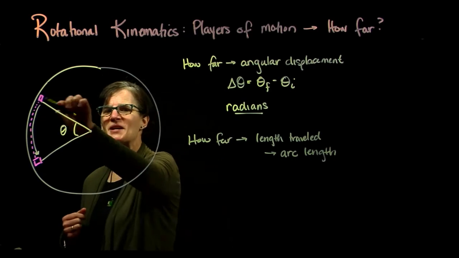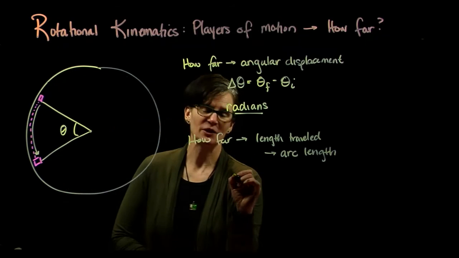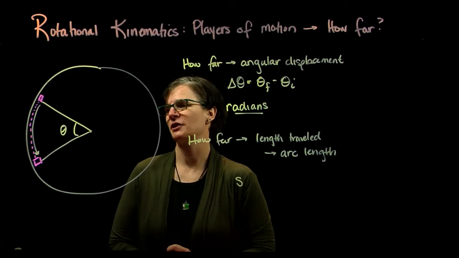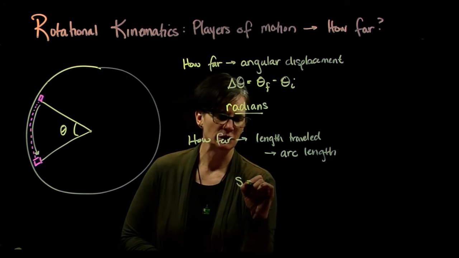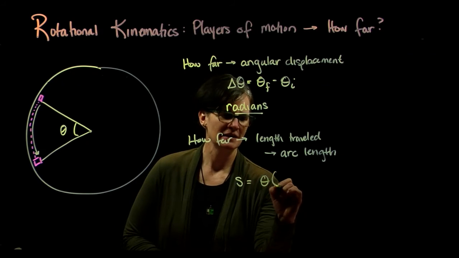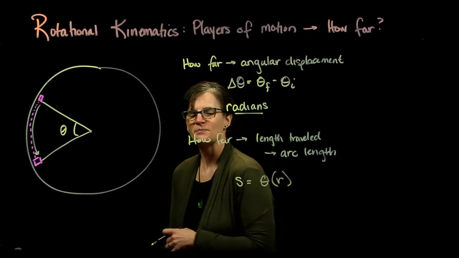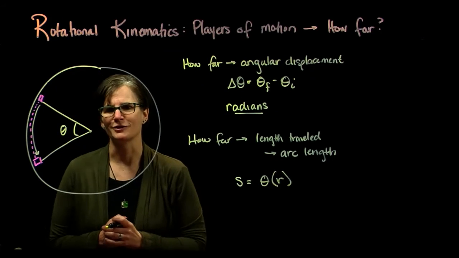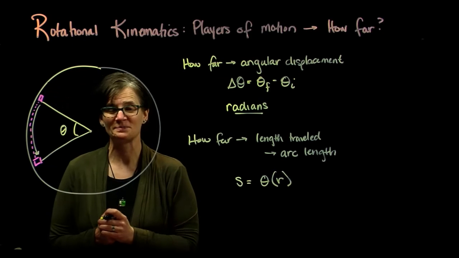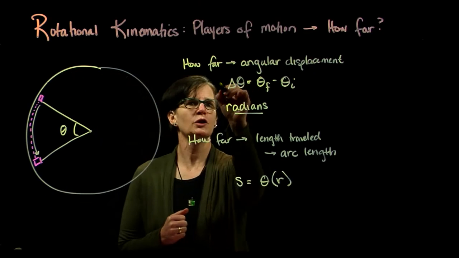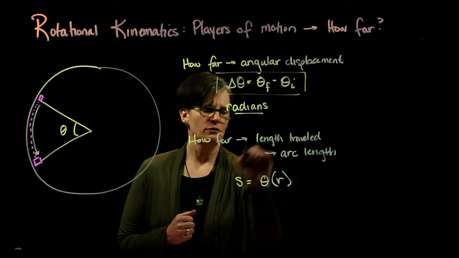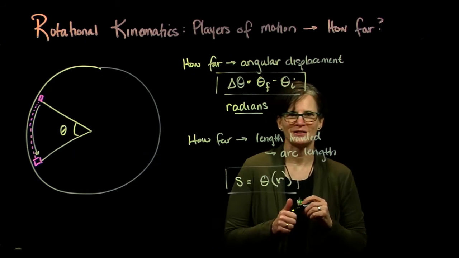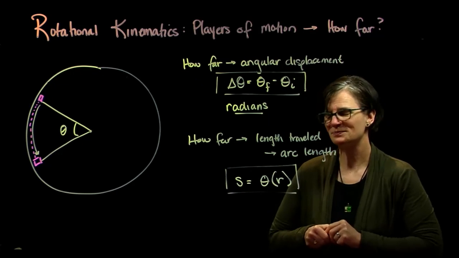If you recall from geometry, the arc length, which we'll call s, is equivalent to the angle times the radius: the angle through which the object traveled times the radius of its circle. So here are our two relationships for how far the object traveled in rotational kinematics, the first player of motion.